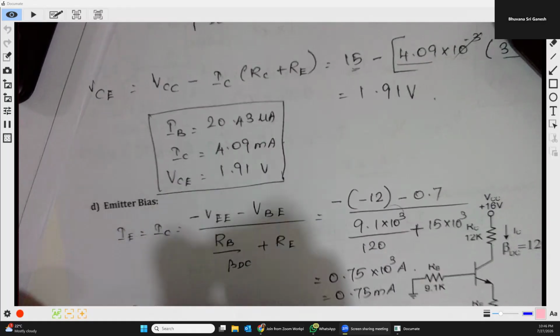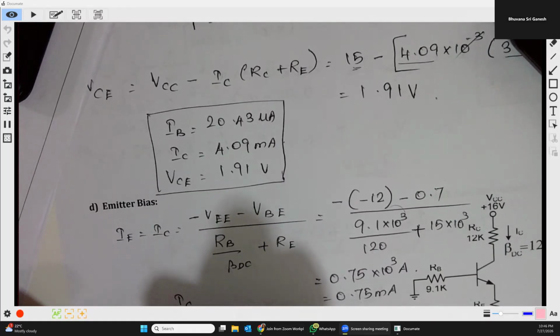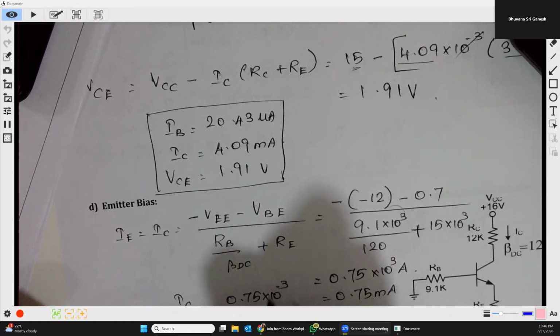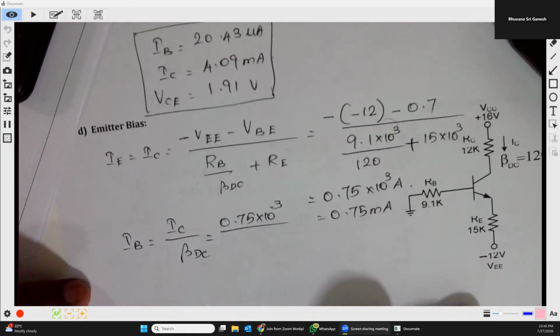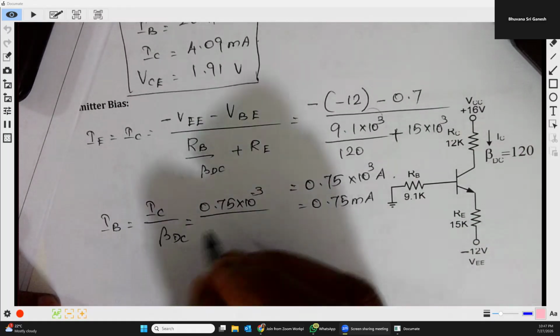Next is IB. IB equals what? IC over beta DC. So IC is 0.75 times 10 power negative 3 divided by beta DC, which is 120 here.